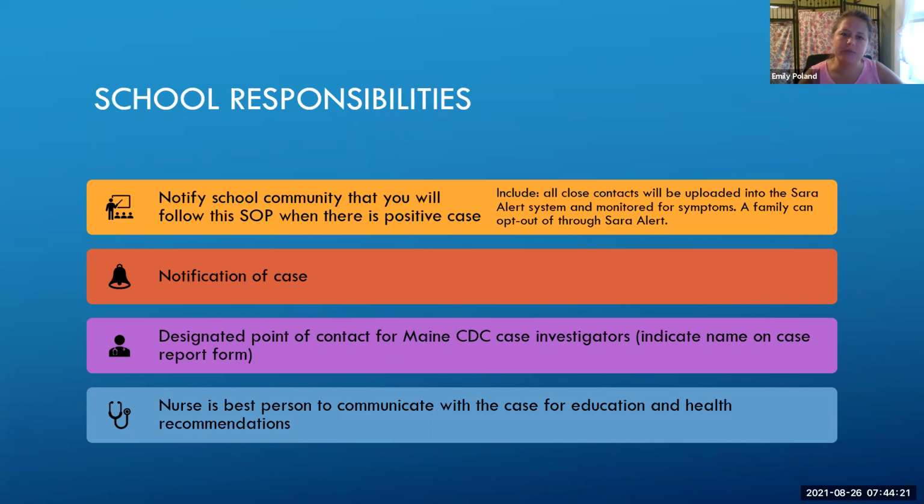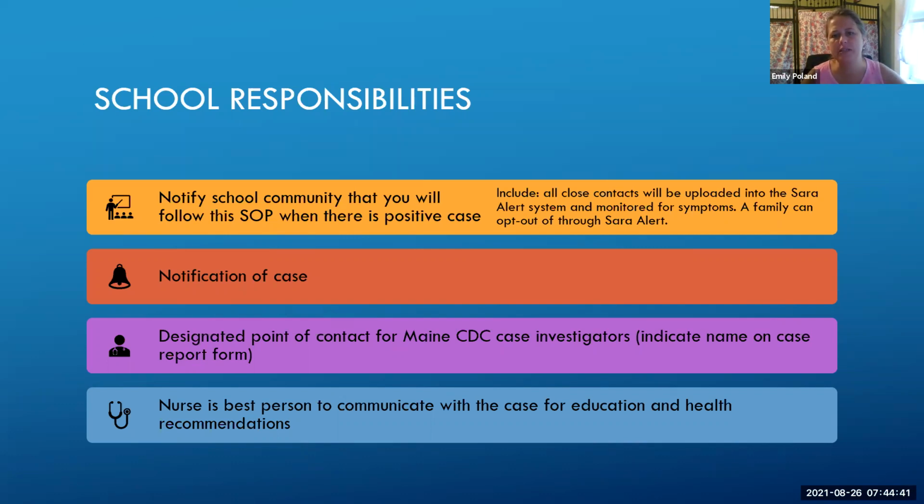It's good to have 2 phone numbers for after hours. So if you're only in the school building from 8 until 3:30, they have a way to reach you after 3:30. And the last thing is that there are a lot of different school roles, but the nurse is really the best person to communicate with the case itself.